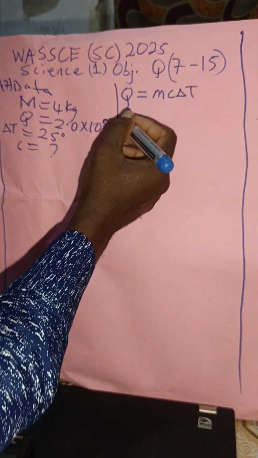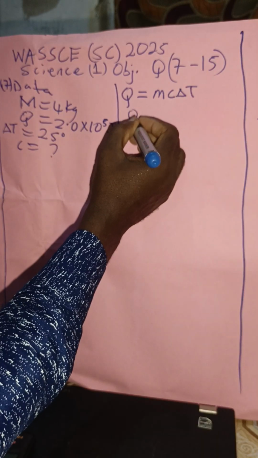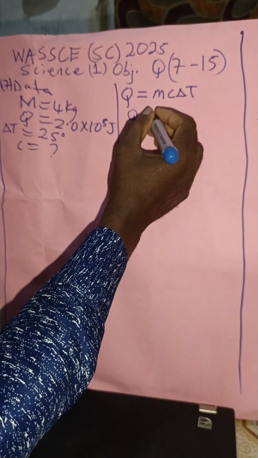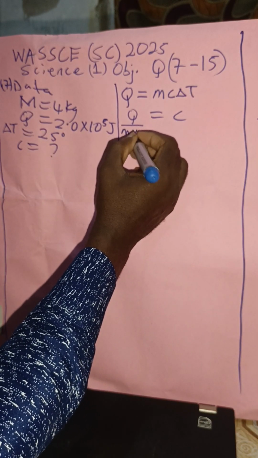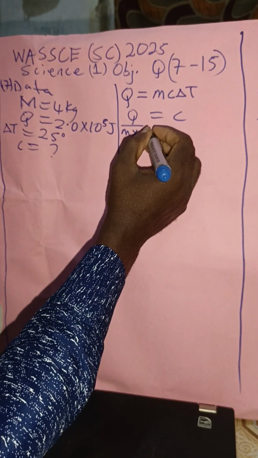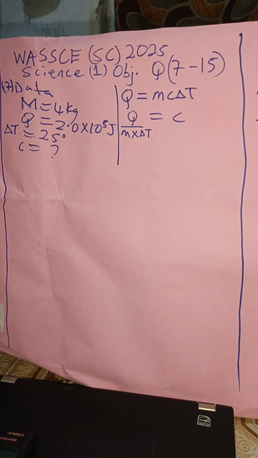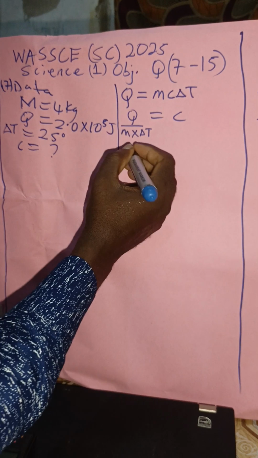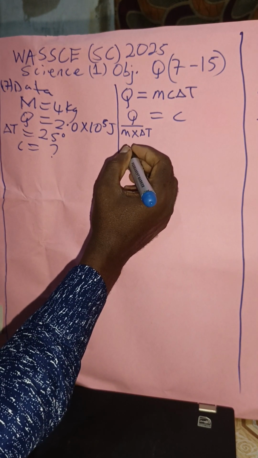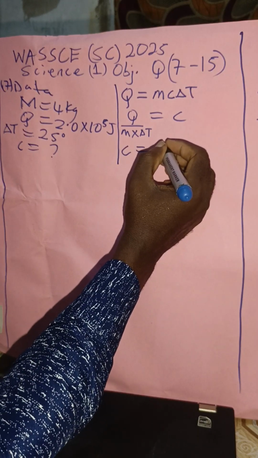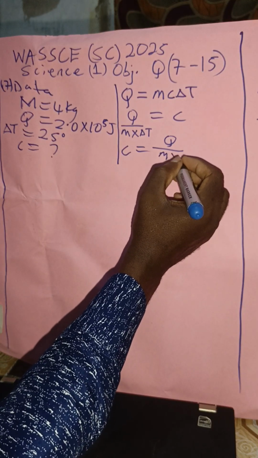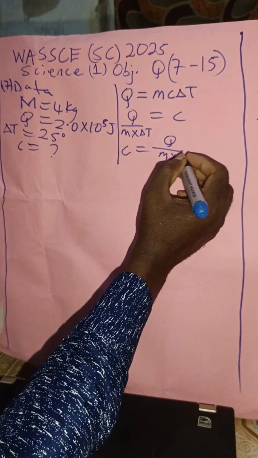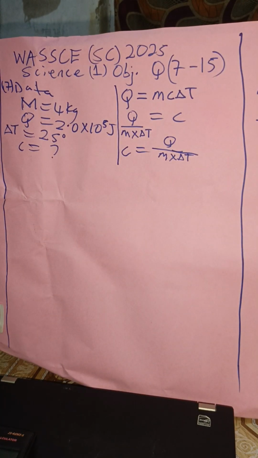So we can make it the subject of the formula. We know how to make a subject of formula. So here we have C equals Q over M multiplied by change in temperature. Now we move on quickly.